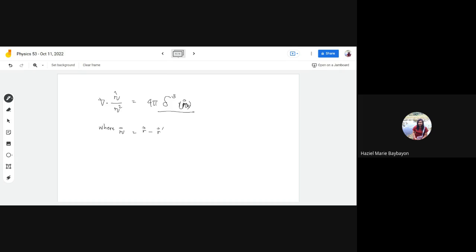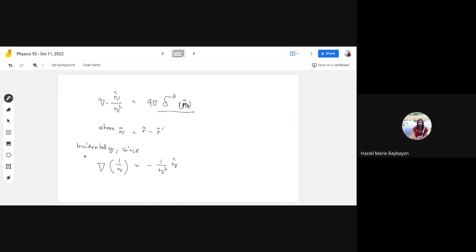Okay, now, incidentally, this was an example, class? I think I gave this as an example. I'm not sure, but this is just equal to the negative of 1 over R squared R hat.